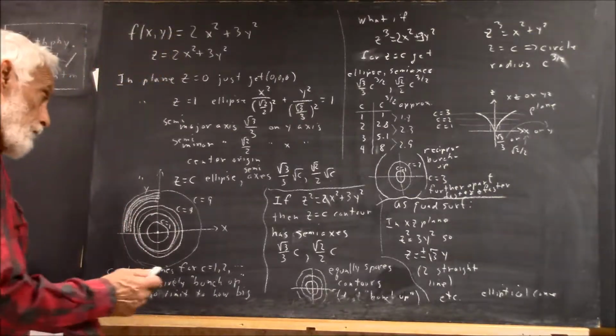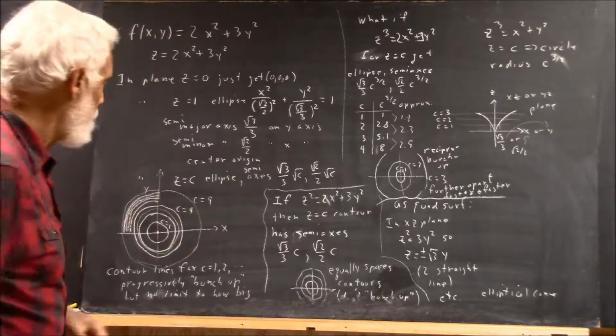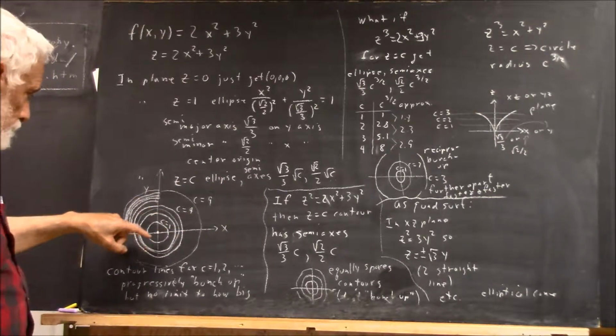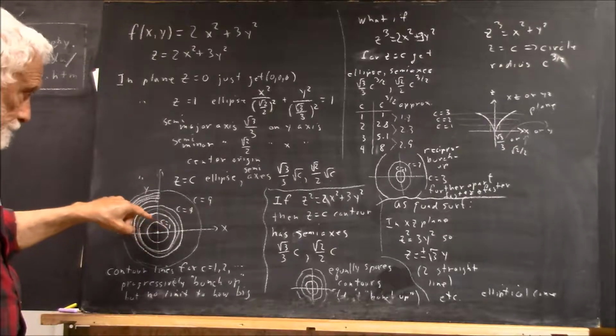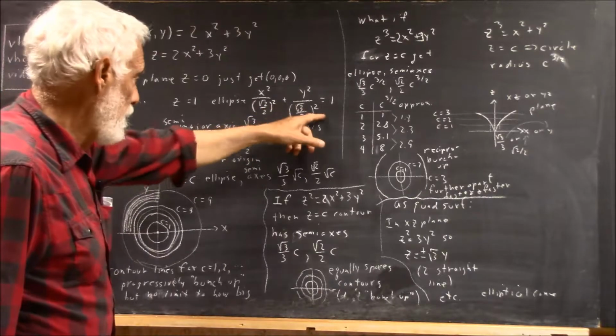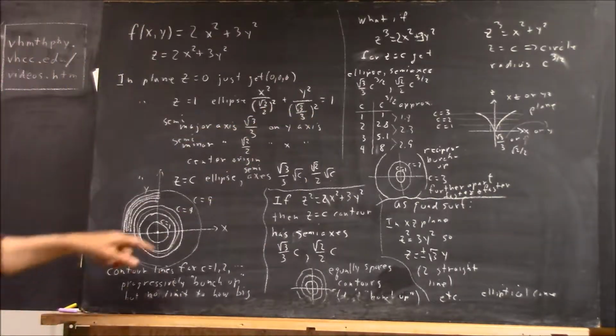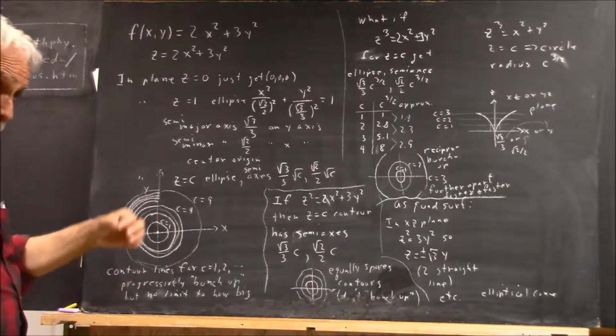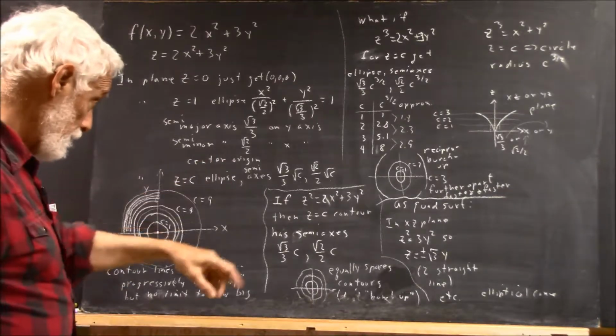So in our picture of the semi-axes for c equals 1 to 4, when c equals 1, we'll get an ellipse with these semi-axes. For c equals 2, we get ellipses where the semi-axes are square root of 2 times greater.